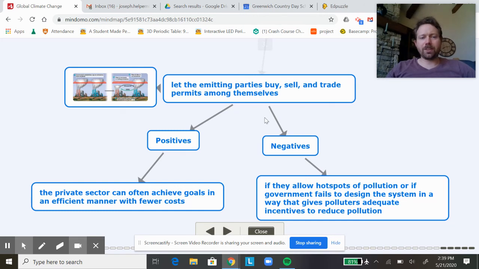Positives: the private sector can often achieve goals in an effective way with fewer costs. Negatives: this might allow hotspots of pollution if they trade off their permits. You might have one particular place that might be much higher in terms of the concentration.